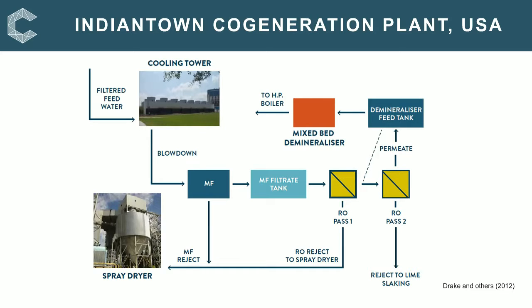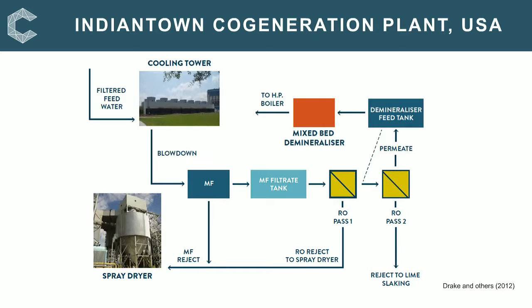The blowdown first passes through the microfiltration unit, which is labelled MF in the figure, and this removes the suspended solids. And then the dissolved solids are removed in the reverse osmosis system. The final step is a polishing stage in a mixed bed demineralizer, and this provides water of a high enough quality that can be used in the boiler feed water systems, as boilers require water with a very high purity.